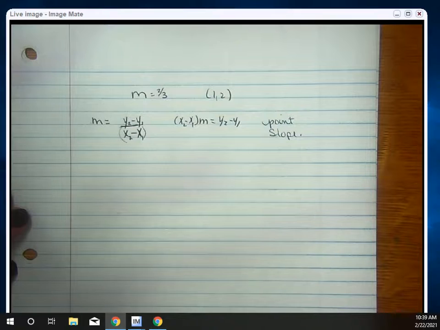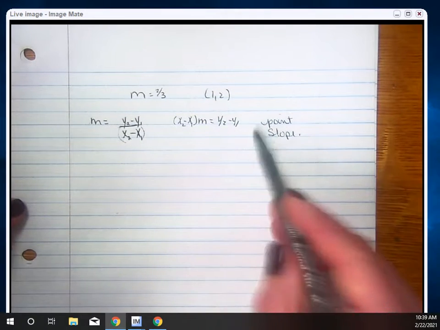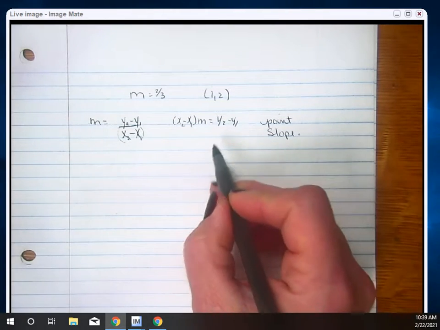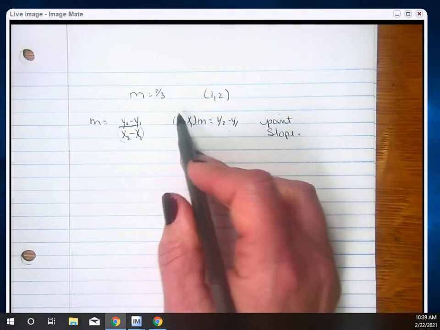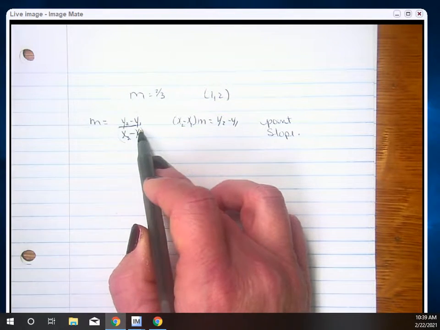It's the point slope equation of a line. If you're given a point and a slope, there's your equation, plug it in, and you're good. Now, a lot of students don't like doing this, but they take and plug this information into the slope formula. It literally is the same thing.